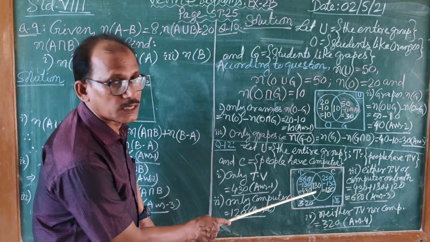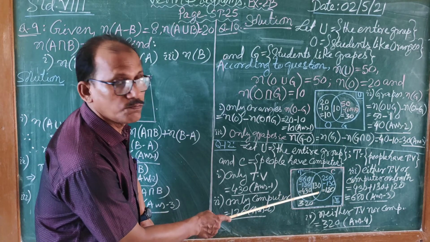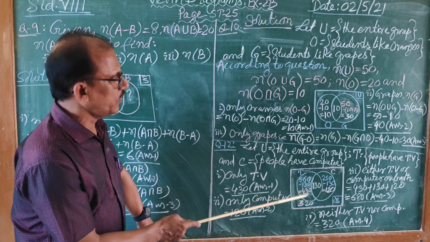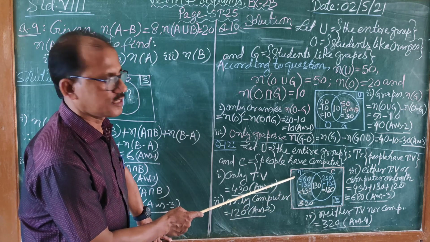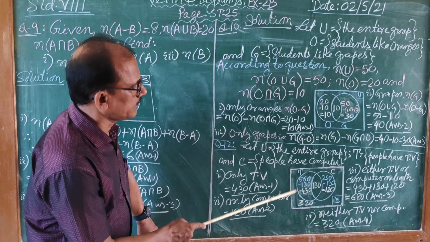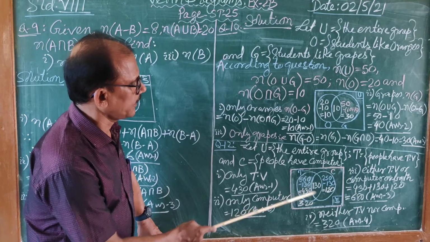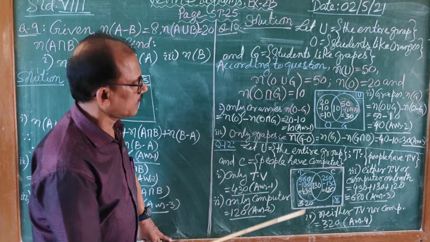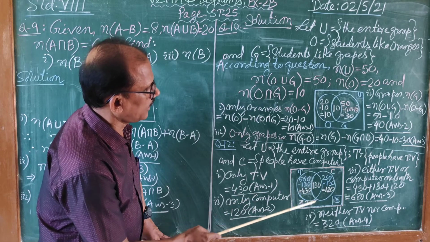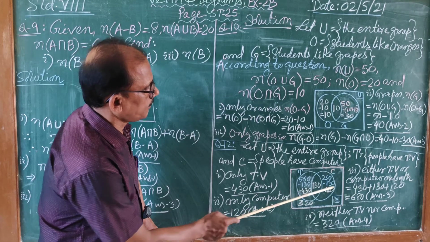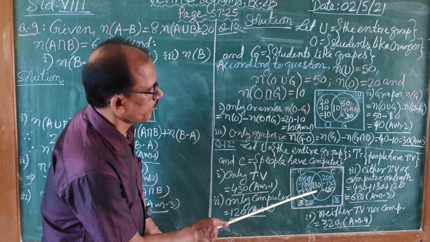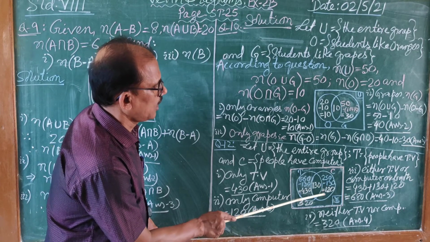Both are how many? 130. I said you place the both part first, 130. Now total number of TV holders is how much? That is 560. 560 minus 130 will be 430. So only TV people are 430. Only computer, total number of computers is also given, that is 250. 250 minus the intersection part will be only computer.